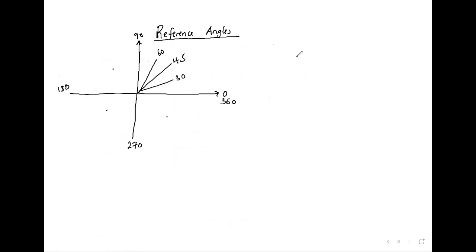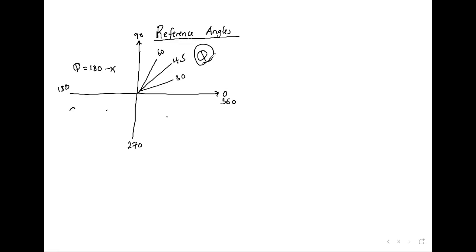Okay, so these angles 30, 45, 60. If you go in the second quadrant, there are angles that when you subtract from 180, they will give you these 60, 45, and 30. So we want to call these angles that are here, let's call them theta. So if I want a theta in the second quadrant, from the angles that lie in the second quadrant, I can just subtract those angles from 180, I'll get my theta in the first quadrant, meaning I'll get 30, 45, and 60.